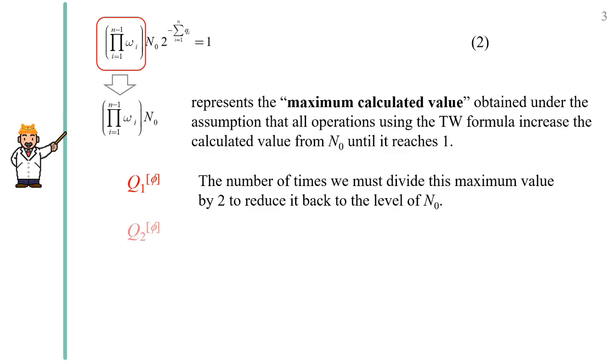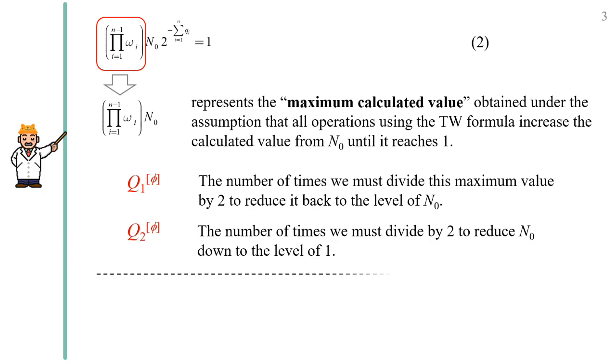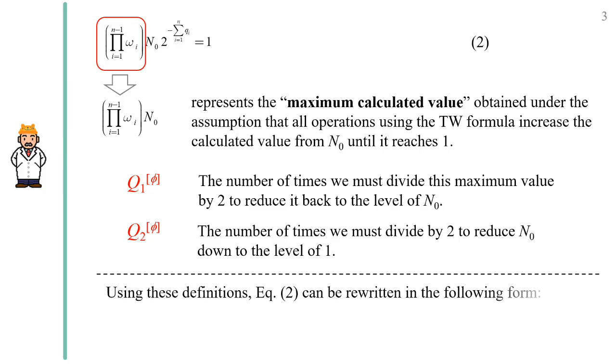Similarly, let q sub 2 super phi be the number of times we must divide by 2 to reduce n sub 0 down to the level of 1. The superscript phi indicates the value of q sub 2 when the coefficient of the TW formula is phi. Using these definitions, equation 2 can be rewritten in the following form.